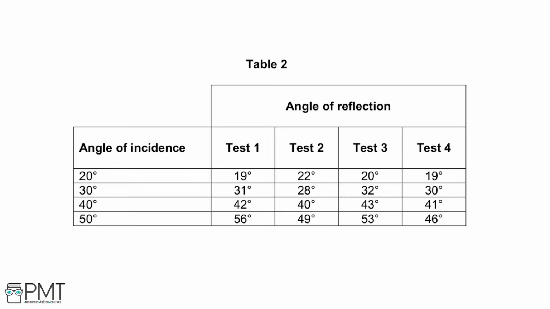First of all, you may recognise this experiment. You may have done it already. It's an experiment to measure the angle of incidence and the angle of reflection of a ray of light. So you may remember having a mirror here. If you just pretend that's a mirror, and you have your angle of incidence, or your incident ray, and the reflected ray.